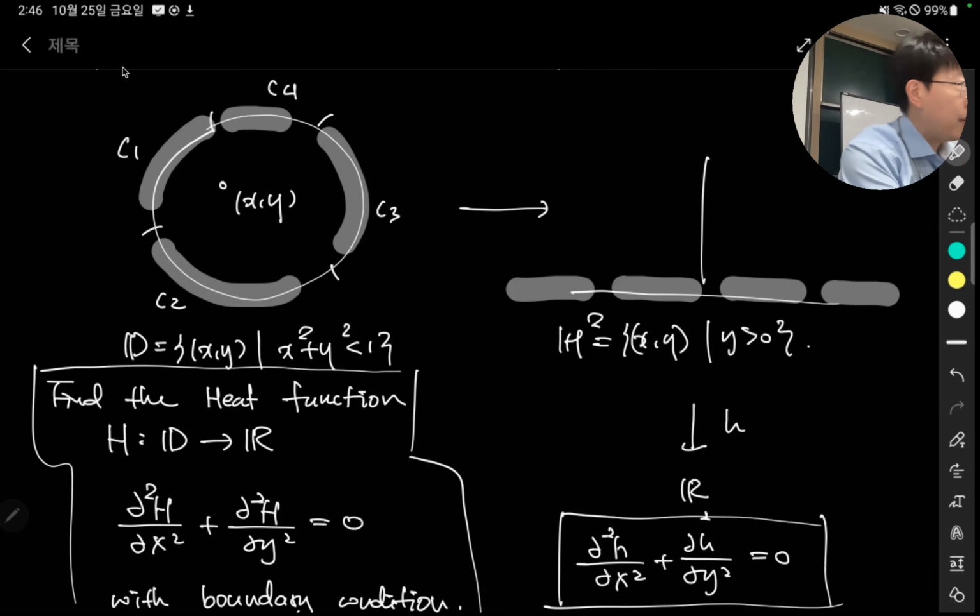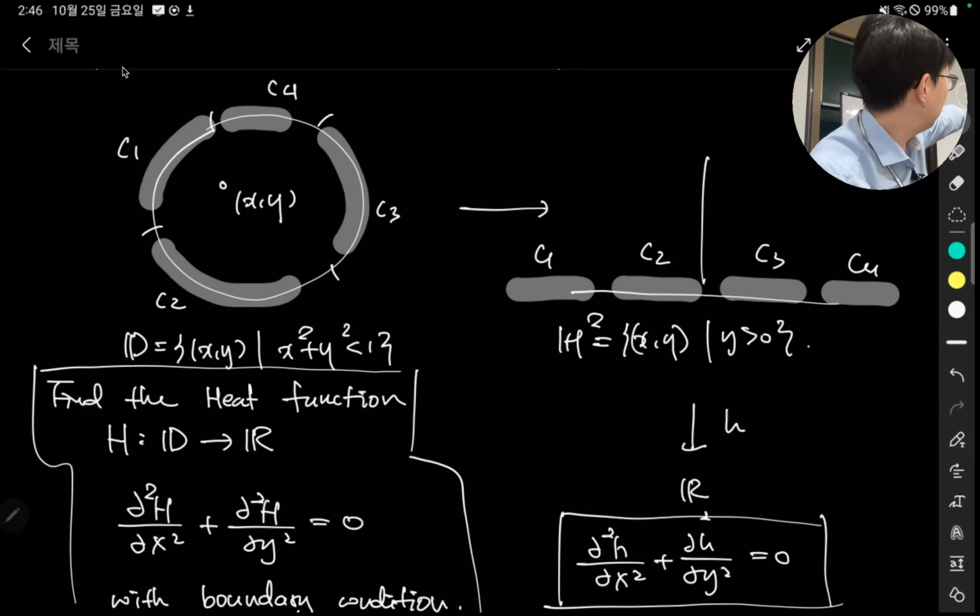It depends on whether the point that splits the boundary corresponds to the infinite point on the upper plane, but let's make it this way so that you can simply think about the boundary. So say we have C1, C2, C3, C4. I want each piece of boundary on the upper plane to match exactly the same pieces on the disk here.